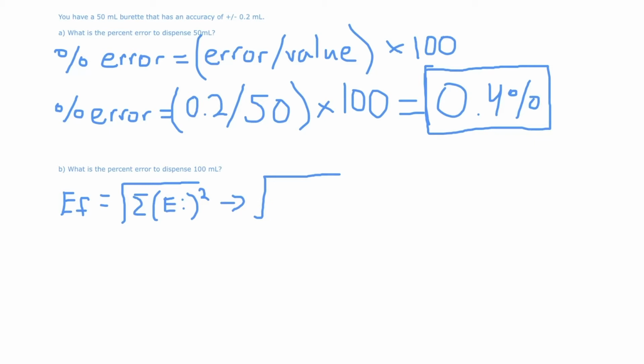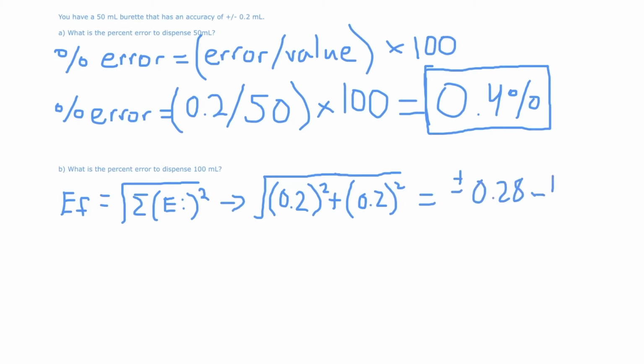So we will sum up those errors. This is just our sigma notation again, so we're going to sum up these 0.2 milliliter errors, and we take 2 of them because we need 100 milliliters of total fluid. Okay, so 0.2 squared, we'll just extend our square root here, and we're going to add another 0.2 squared. And this is going to come out to plus or minus 0.28 milliliters.